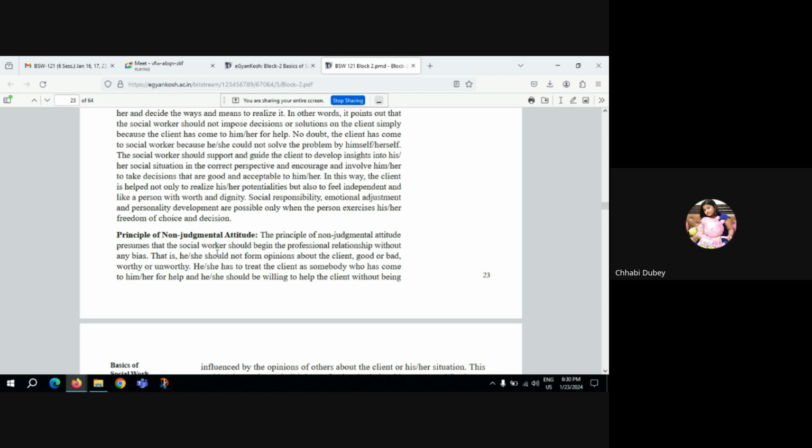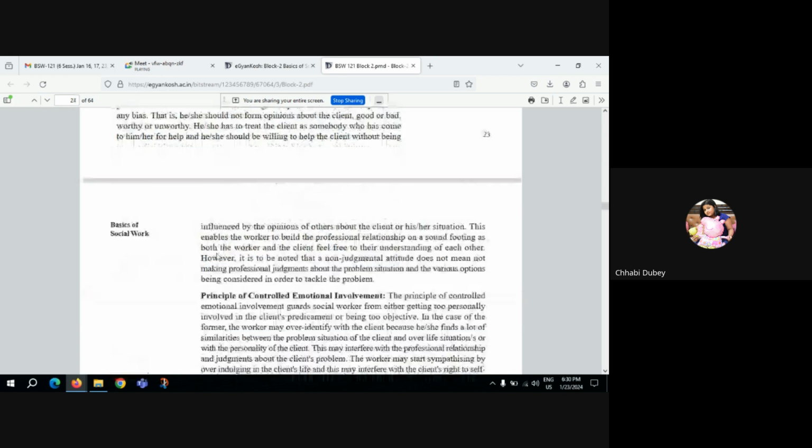We have to treat the client as somebody who has come for help, and we should be willing to help the client without getting influenced by the opinions of what others feel or think about him or her, or our own bias towards the past situation of the client. So this is the principle of non-judgmental attitude.